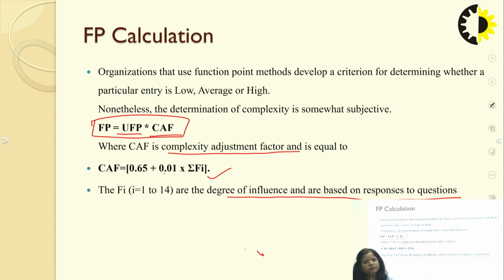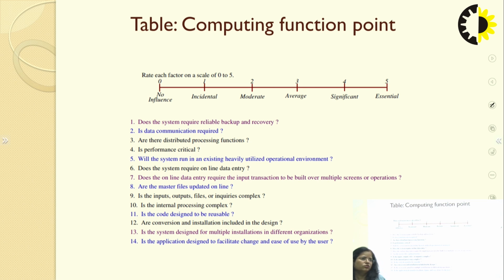These 14 questions are like this, and these are the factors. The customer needs to scale the factors in the range of 0 to 5. 0 means no influence, 1 means incidental, 2 means moderate, 3 means average, 4 means significant, 5 means essential. And these are the 14 questions.